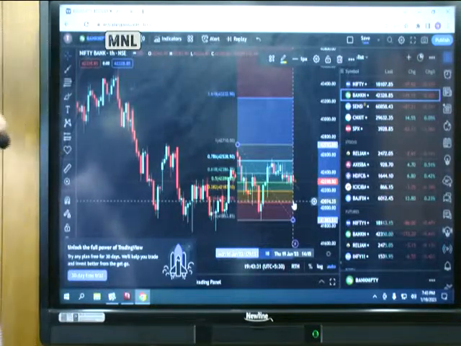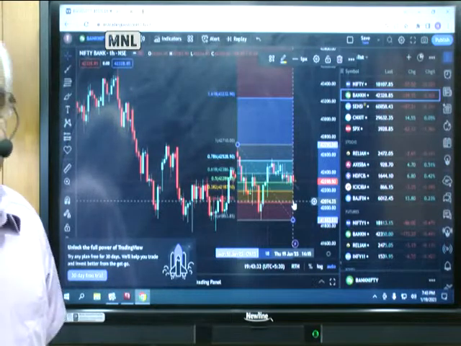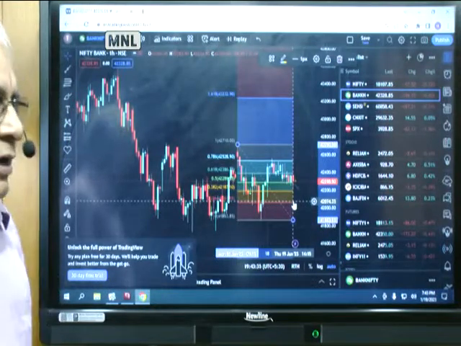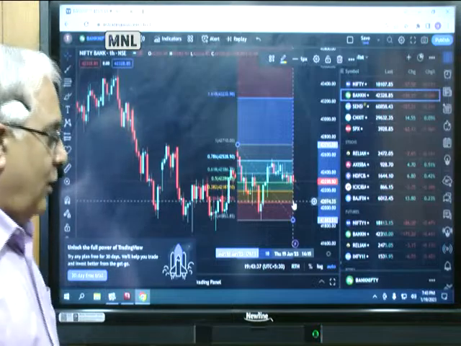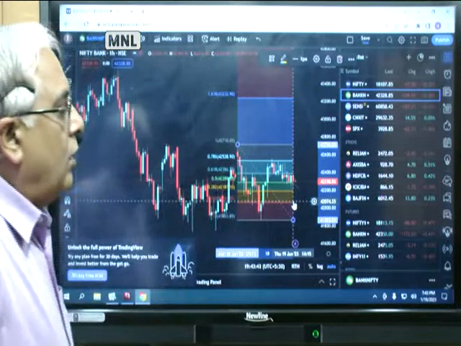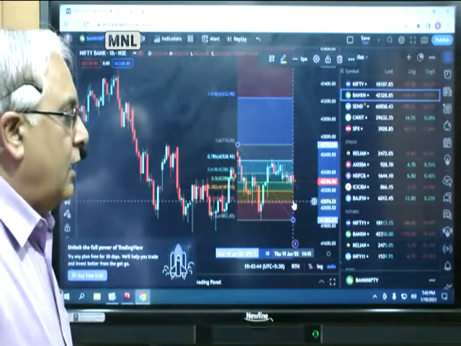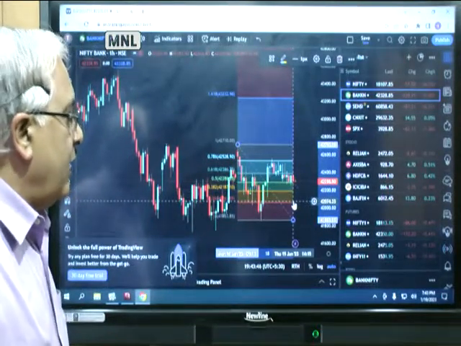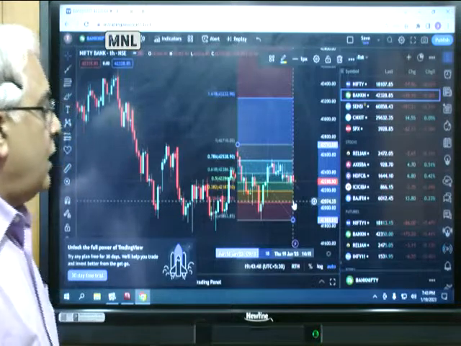But if you feel this is a very difficult stop loss, then we have already highlighted different types of Fibonacci levels here.